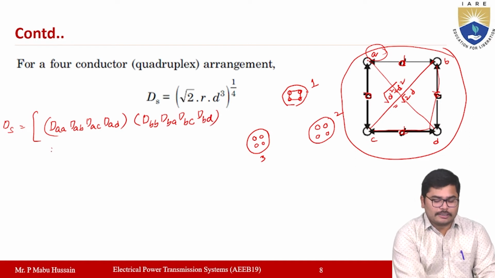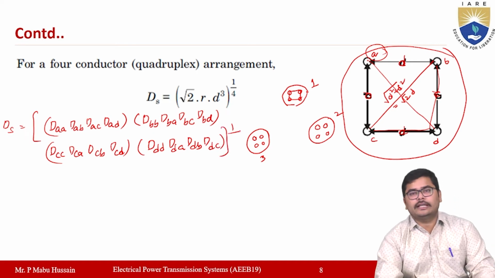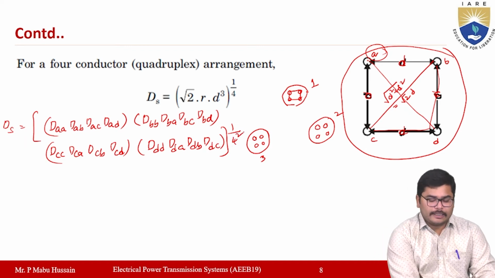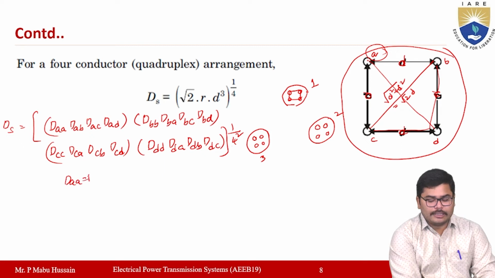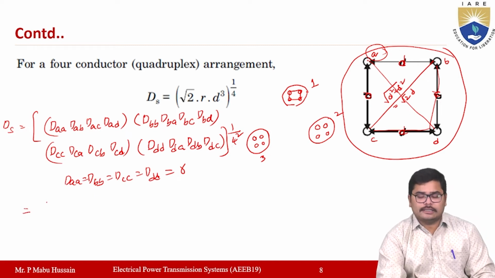For conductor C, DCC, DCA, DCB, DCD. For conductor D, DDD, DDA, DDB, DDC, all to the power of 1 by 4 squared, since there are four subconductors. The value of DAA is the same as DBB, DCC and DDD, which is equal to the radius of each subconductor. Now write the value of all the distances and substitute here.